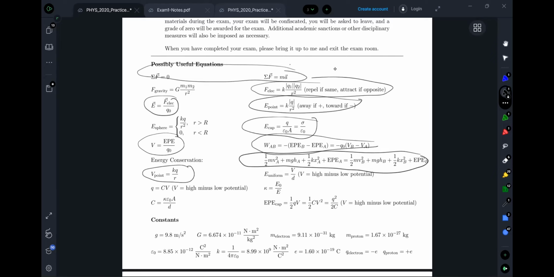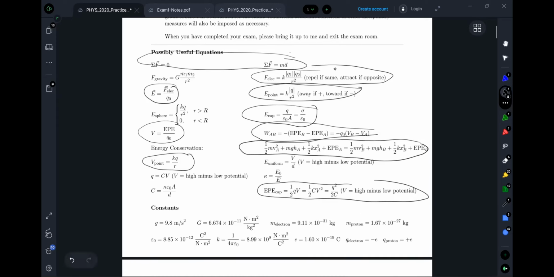The force between two point charges is Coulomb's law. But you can only do that once you're told this is something about point charges. Similarly, for capacitors, you can use this equation, which is more specific than charge times the potential difference, but only if you're dealing with the potential energy stored in a capacitor.